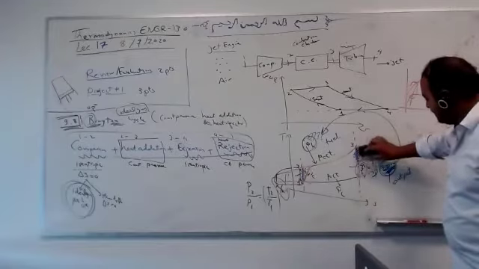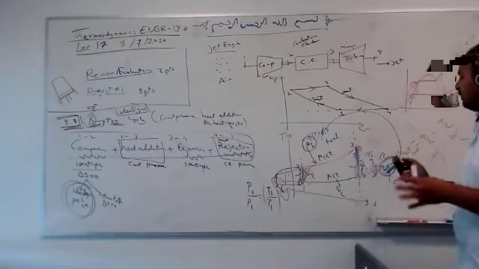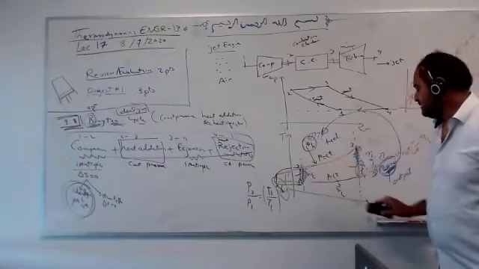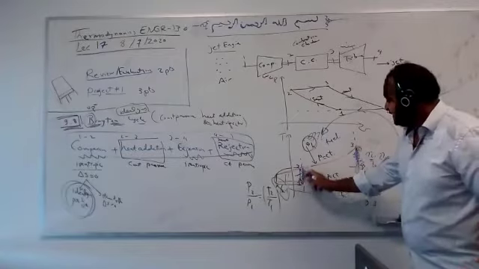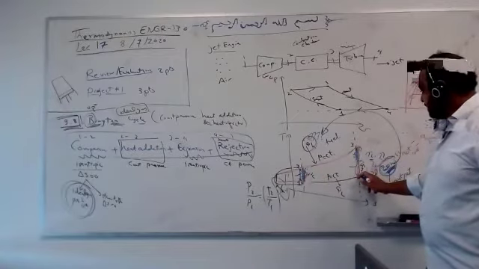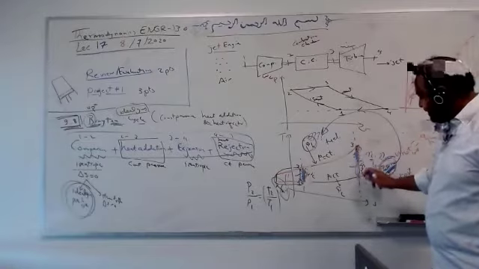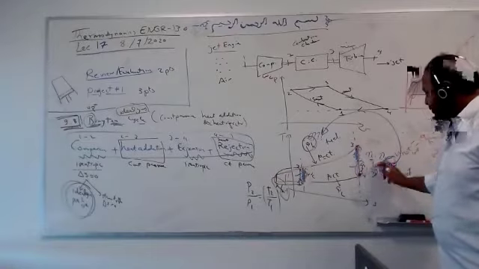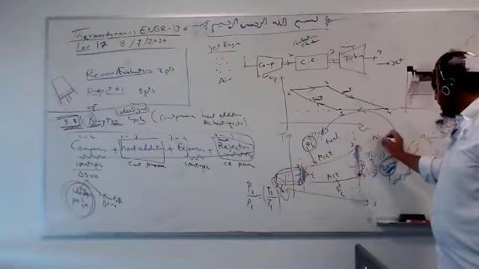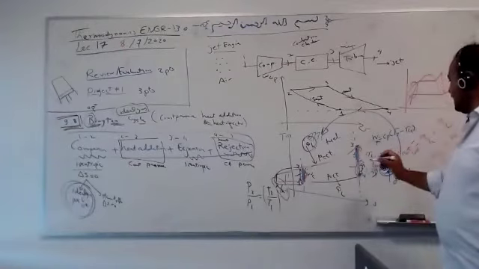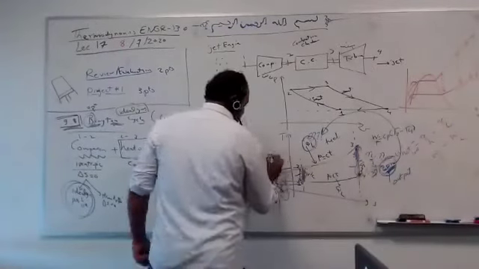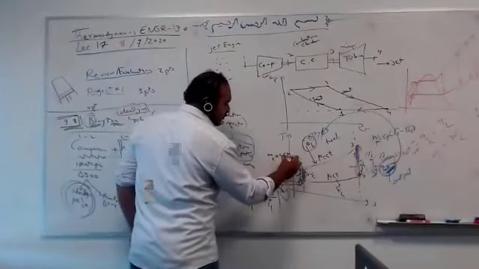So isentropic, unless I have a problem with the compressor or turbine. To make it easy for you, ideally we assume this is vertical, this is vertical. This distance, exactly T3 minus T4, is the work. The turbine work is Cp (T3 minus T4), and the compressor work is Cp (T2 minus T1).